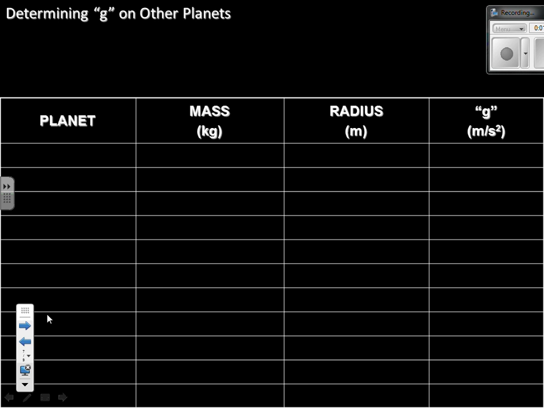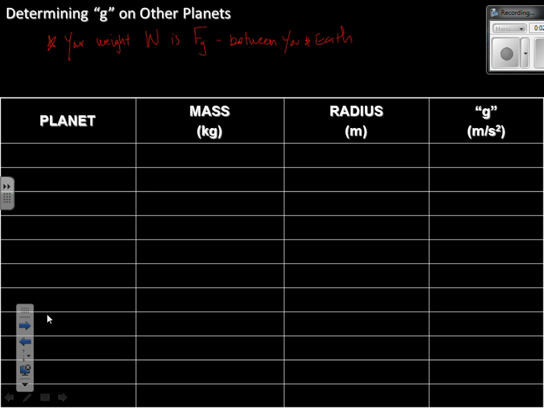Well, yeah, we can. The only place we've seen g is in kinematics equations, but in terms of force, we've said that your weight, that we've called Fw, well, we call it W, is a gravitational force between you and Earth.